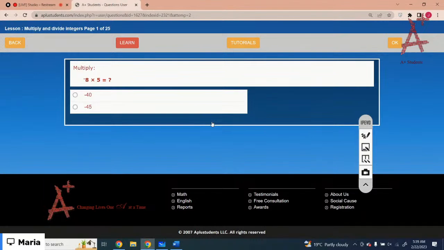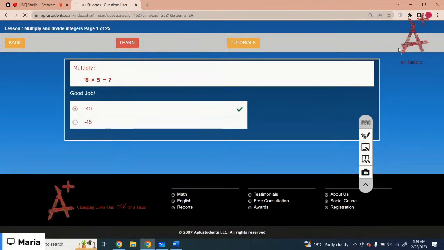One of the numbers is negative, so the answer must be negative. And 8 times 5 is... it would be negative 40. Got it? Because one of the numbers is negative, so the answer must be negative. So the correct option is negative 40.